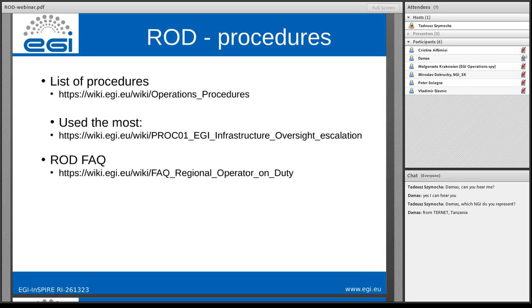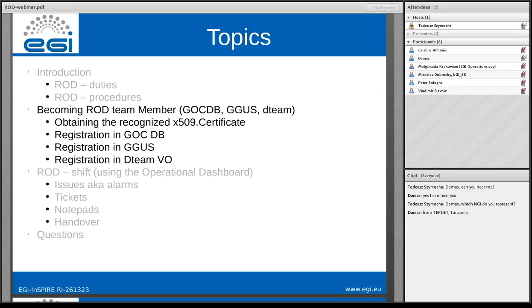So the list of available procedures is changing, and the link is here to the place where all procedures are held. The most used in the ROD shift is procedure number 1, EGI infrastructure oversight escalation, as I said before. You have the link here, and there is also the ROD FAQ that is keeping the best practices or answers to commonly asked questions.